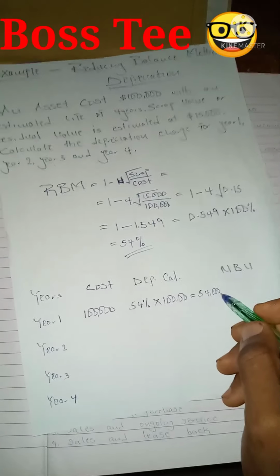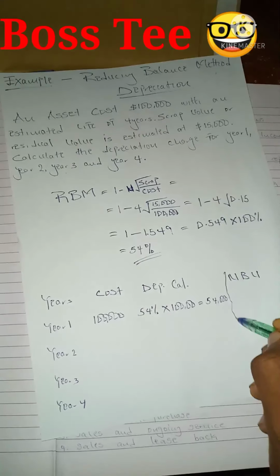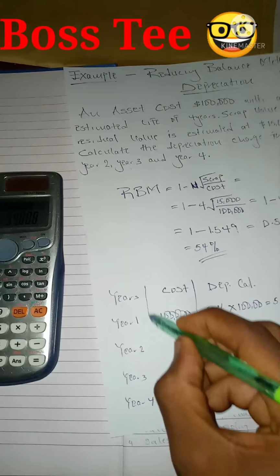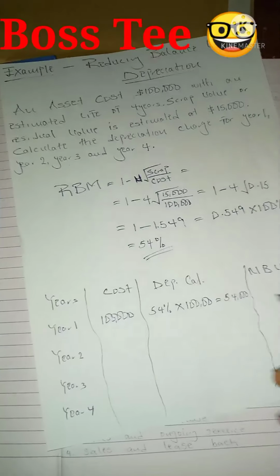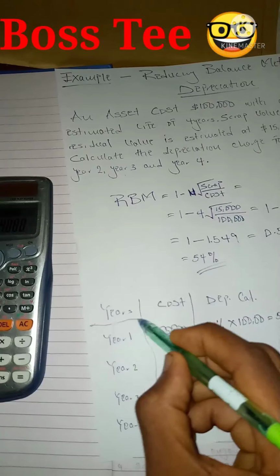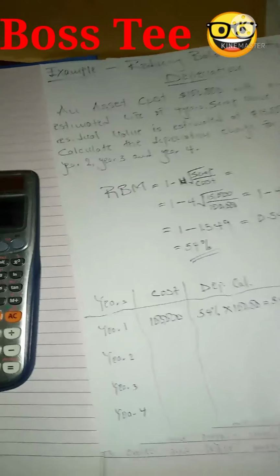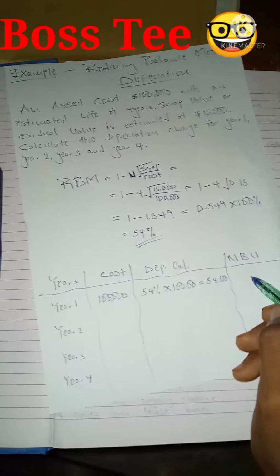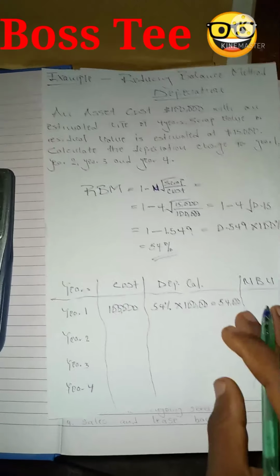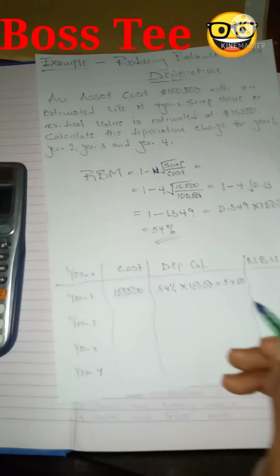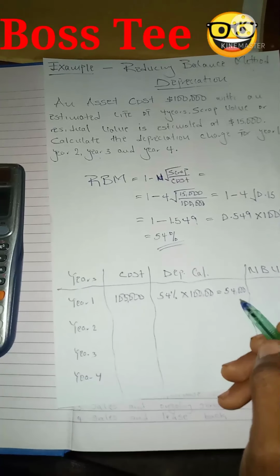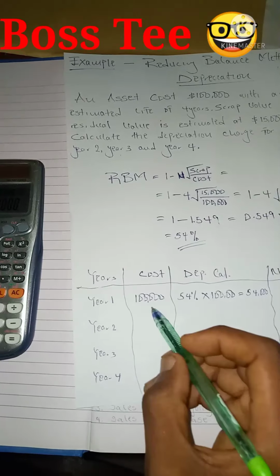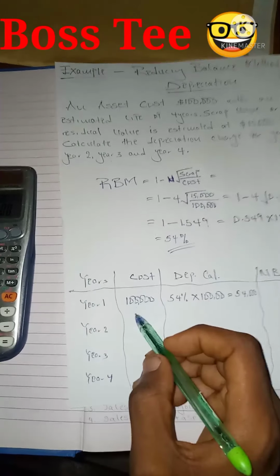This is our depreciation. So the value of the asset after the usage in year one, what will you do? You will subtract 54,000 from this 100,000.